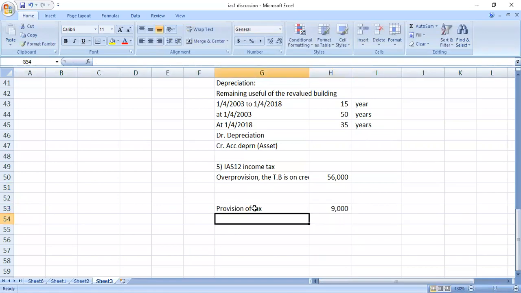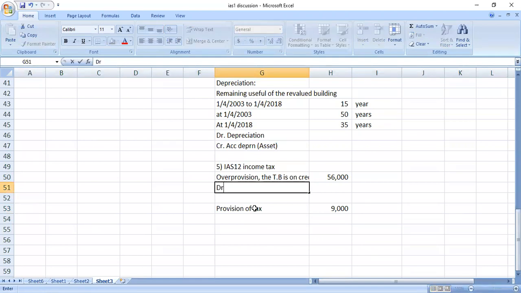So what are the entries that we do for this? Let me begin with the under or over. Whenever they say it's on the credit, just know you're supposed to remove it. So in removing it, you debit. You're debiting provision for tax, or you can say tax payable.